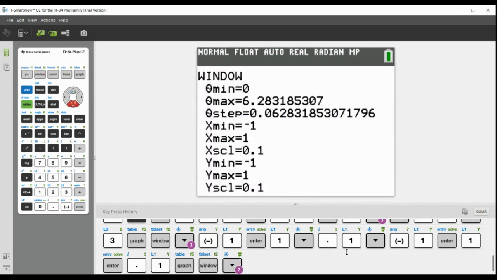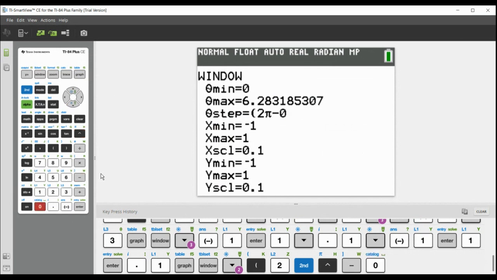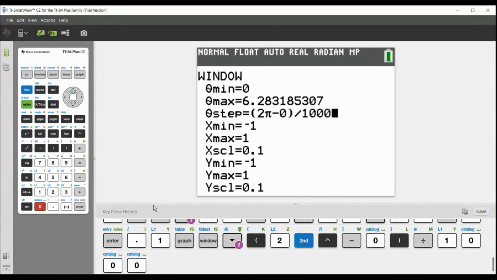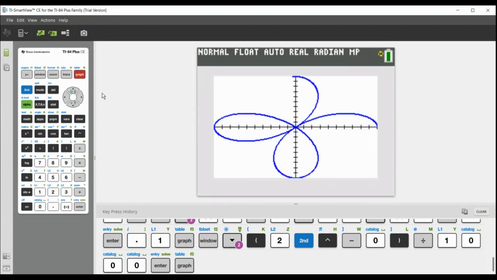Let me go back to the window. So if you want to control how fast the graph is drawn, you can decrease your theta step. So I'm going to have 1,000 points. I'm going to take the theta max minus theta min and divide it by 1,000. And hopefully it'll graph it kind of slow. There. See that?